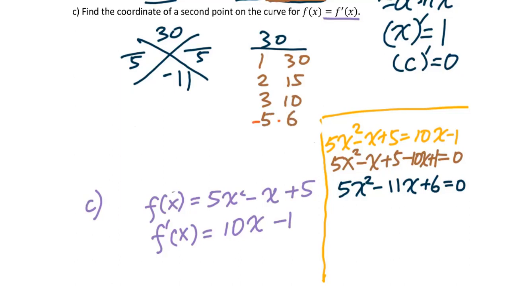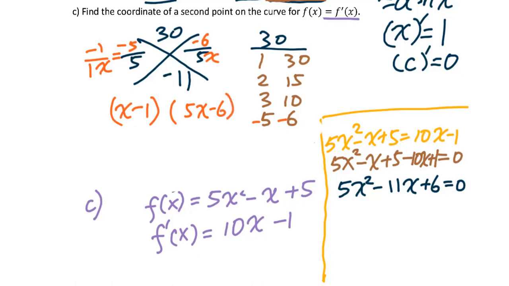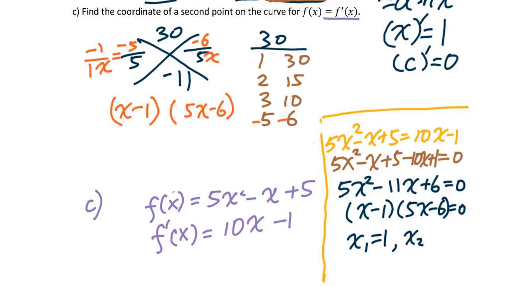That's why we use negative 5, negative 6. Reduce here, negative 1, 1. Then we put the x. You will factor as x minus 1 and 5x minus 6. Now x minus 1, 5x minus 6 equals 0. Therefore, x1 equals 1 and x2 equals 6 over 5.